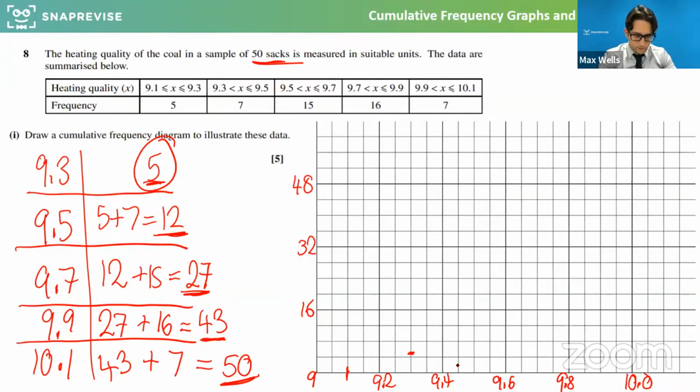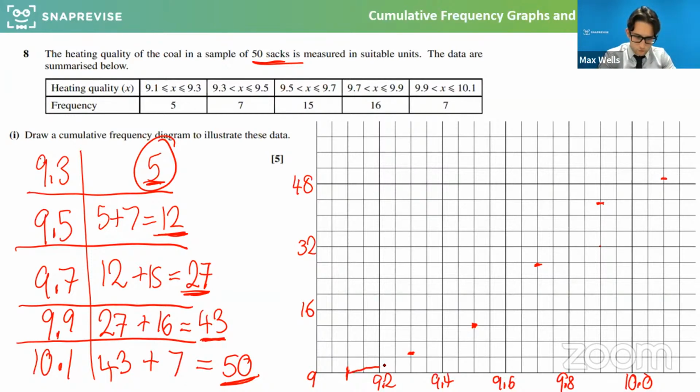Then at 9.5, we're plotting it up at 12, which would be here. At 9.7, we're plotting it up at 27, which should be somewhere about here. And then at 9.9, we're plotting it at 43, so 43 is going to be about here. And then at 10.1, we're plotting it up at 50.